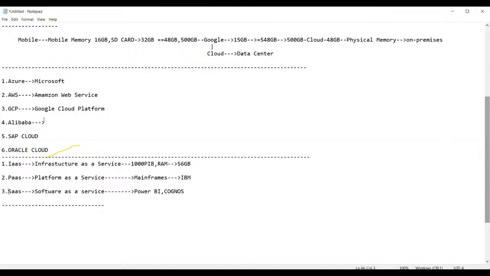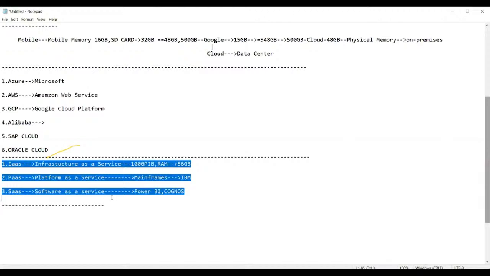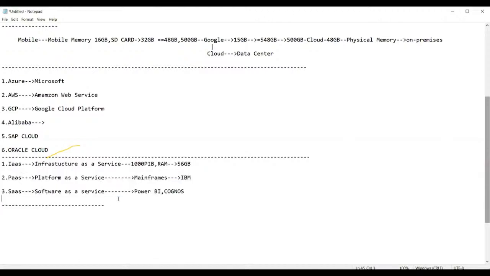The cloud providers have divided their services based on these three categories, and based on these three categories only they are going to bill you. It is as simple as, guys, logging into OTT platforms like Amazon Prime, Netflix, etc. You will enter your mobile number and a password, and that's it.